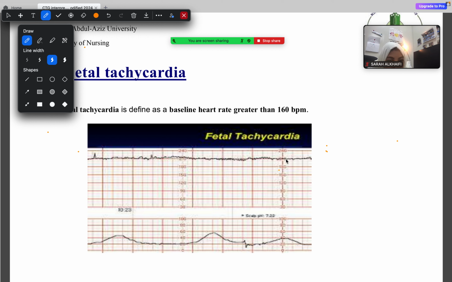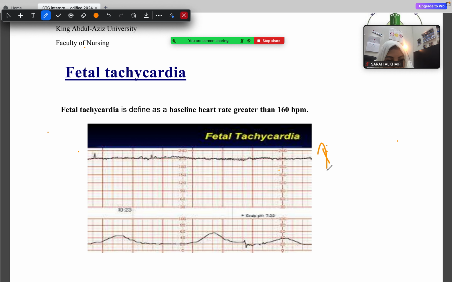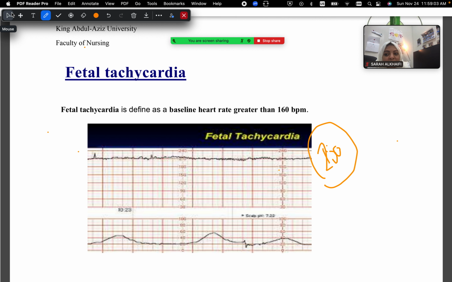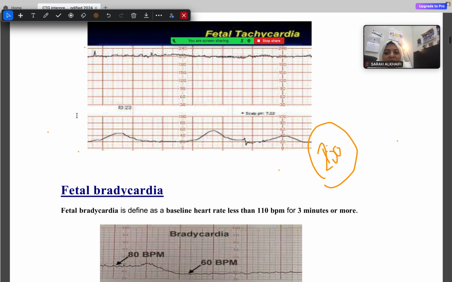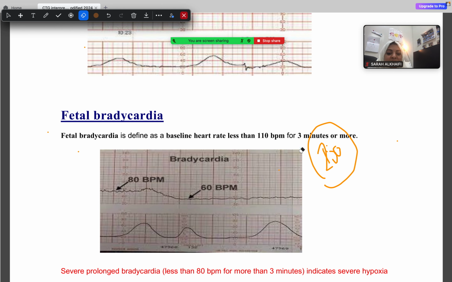It could be, if I can see it, around 200, which is tachycardia. That means this baby is not doing well. Or let's say, we cannot say that blindly, but we are having an abnormal reading. For now we just call it tachycardia.